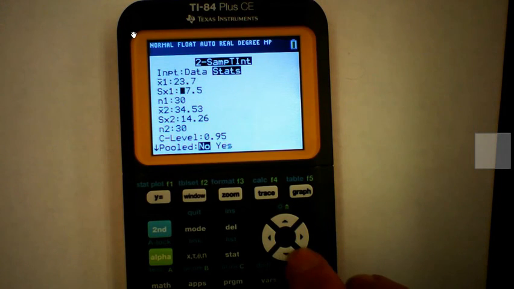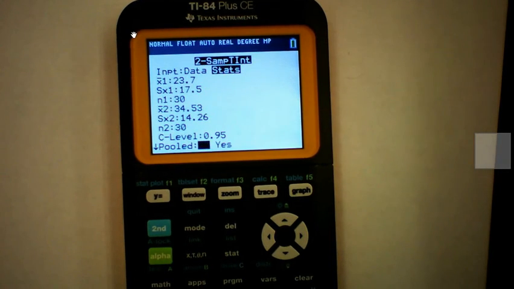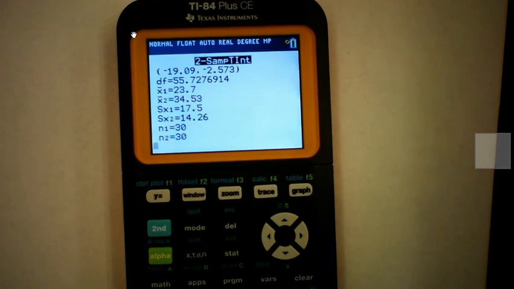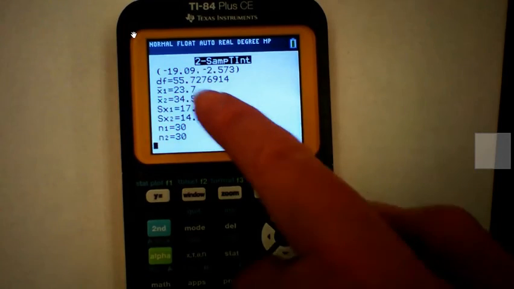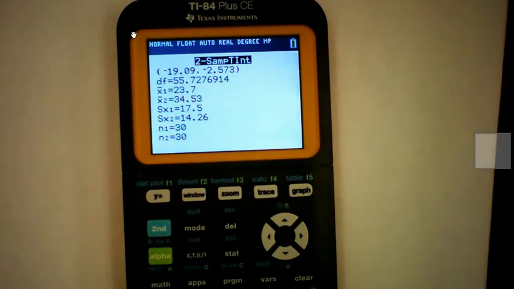So there's north, which really I should have put south into there. Oh yeah, I did put it all in. And you're going to never pool on these tests for our purposes. So no pooling, go down and calculate. And so that gave us the results. And, as you can see, it's just been flipped around because I flipped the order of the north and the south. That's why it's so important to say which one you have.